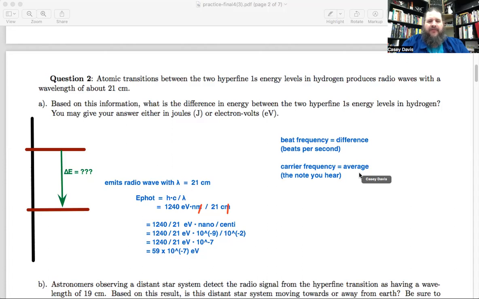So it doesn't matter. You can just assign any even number, and you should get the same result. Yeah, but keep in mind, you've got to be consistent about it.